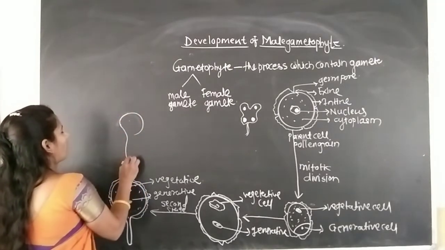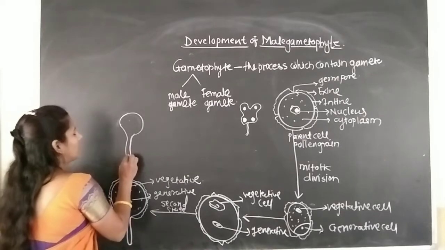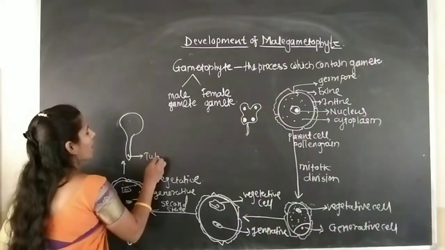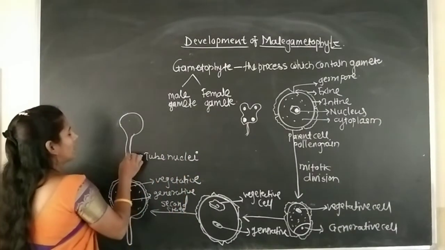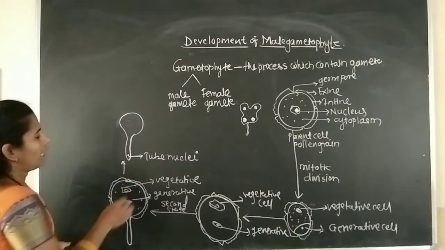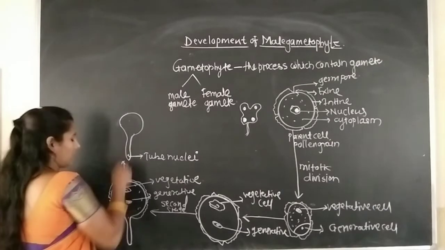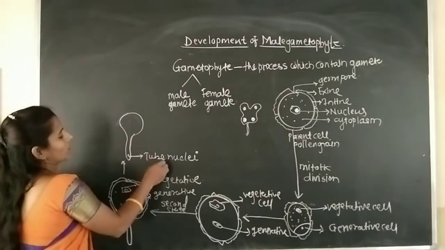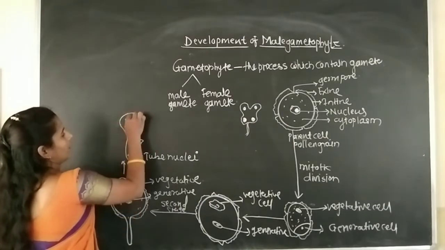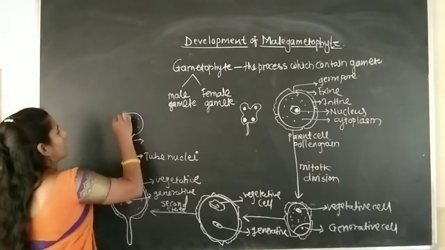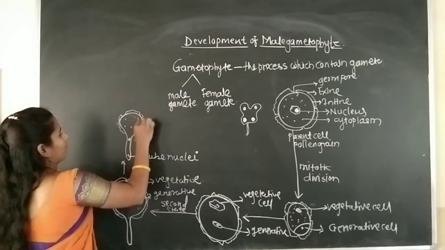Therefore, this is called the tube nucleus. The vegetative cell is pushed toward the pollen tube and it is called the tube nucleus, and then the generative cell. The cytoplasm is present in that portion.